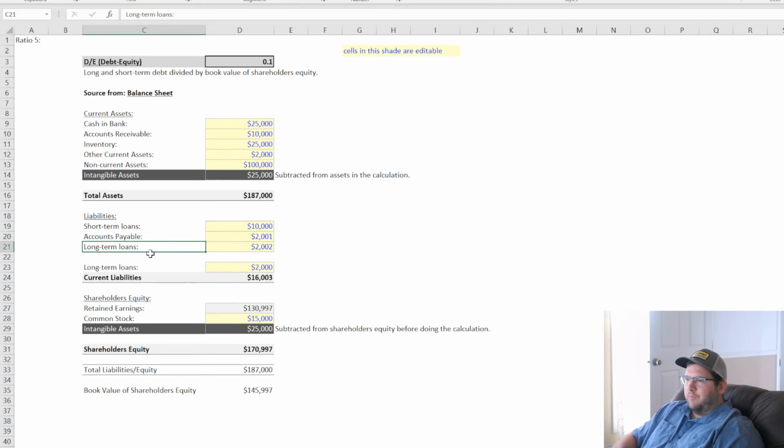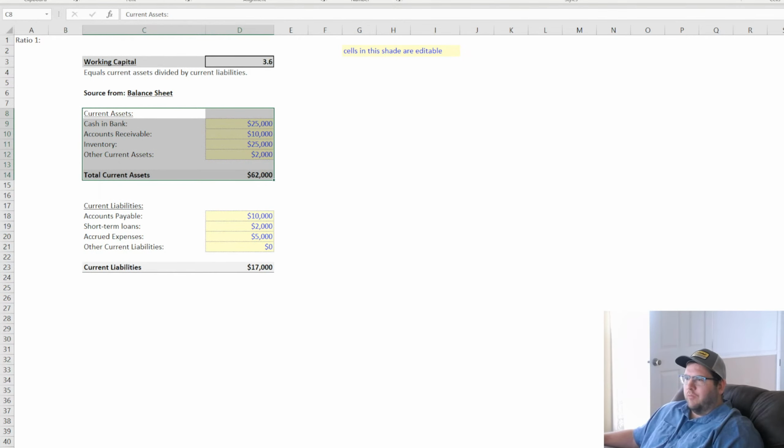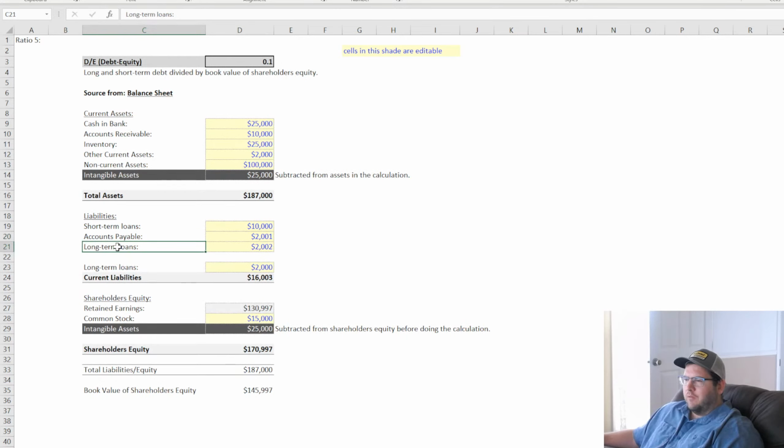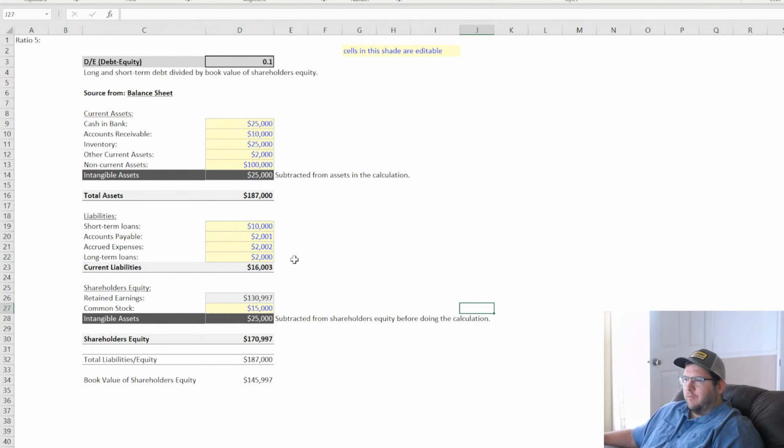Accounts payable, short-term loans, accounts payable. What else do we put in here? Yeah, accrued expenses. But I think this could be useful if you're trying to understand the financials of a public company. All right, short-term loans, accounts payable, accrued expenses, long-term liabilities, long-term loans.